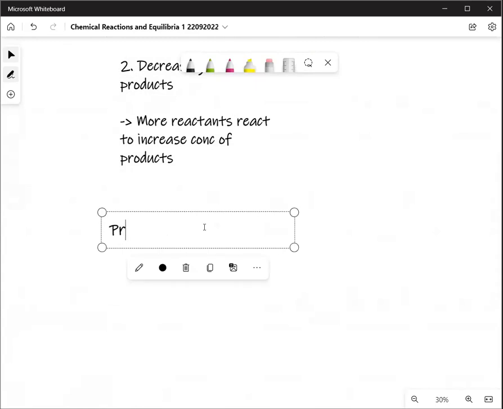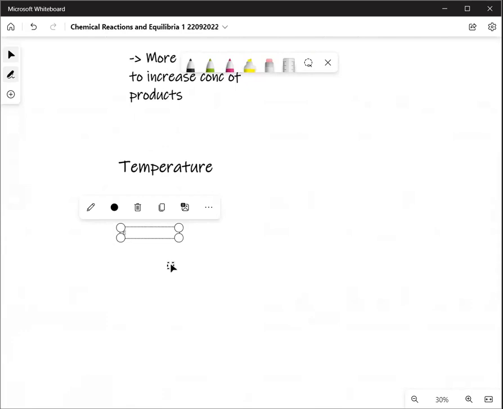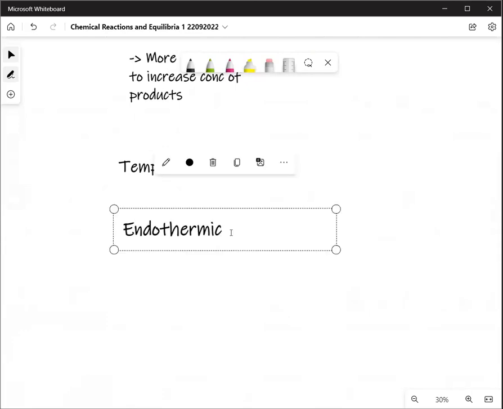Pressure. Sorry, not pressure. We'll look at that, that's also there. First, let's look at temperature. Now, Niranjana, do you know what endothermic and exothermic mean? Endo means they absorb heat, exo means release heat.